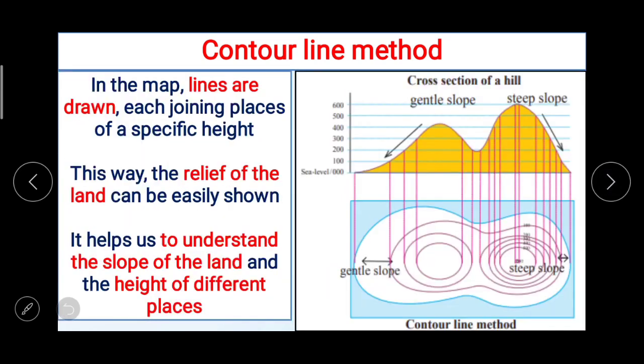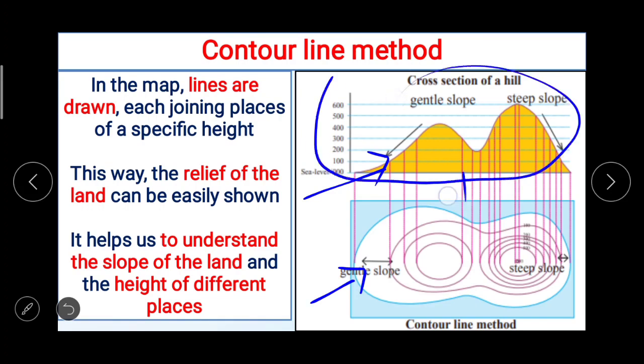Now here you can easily understand this. Cross section of a hill, this one and this one, contour line method. अब ये जो दिख रहा है ये इसका ये contour line method में बनाया हुआ मैप है.